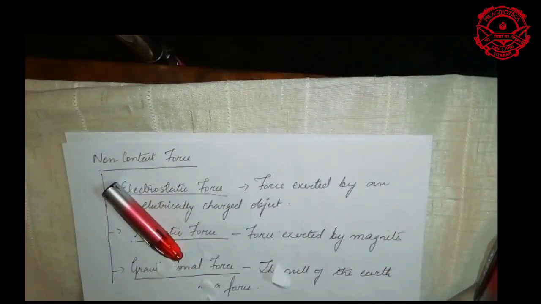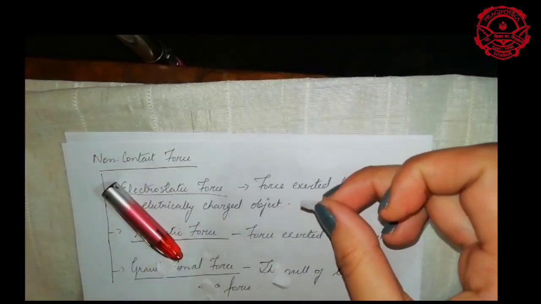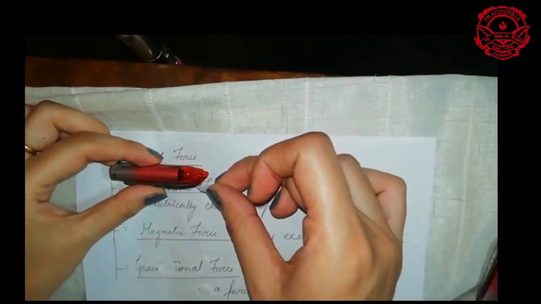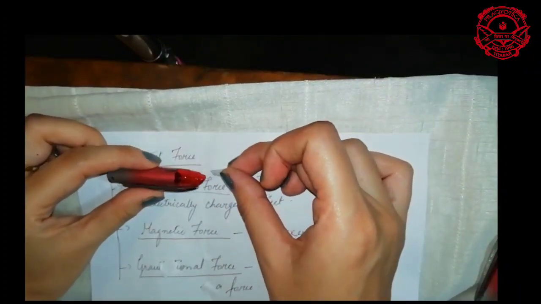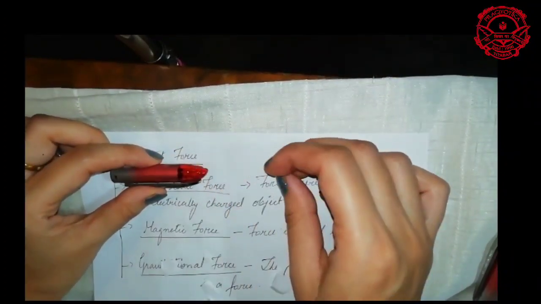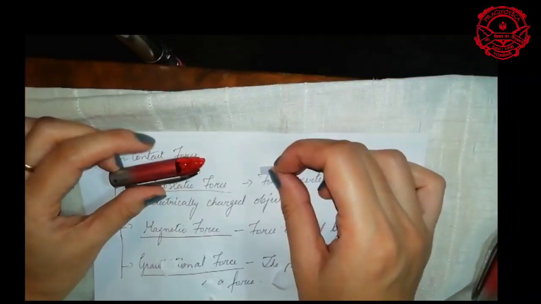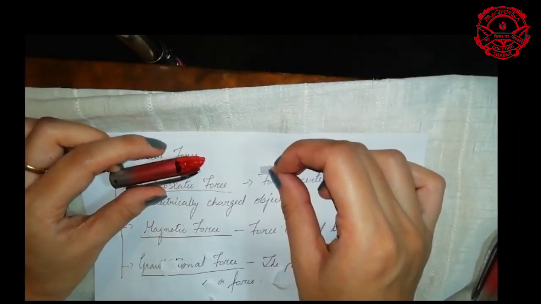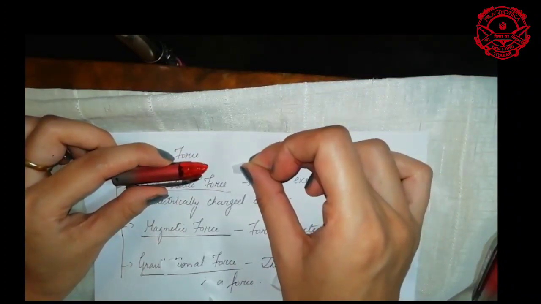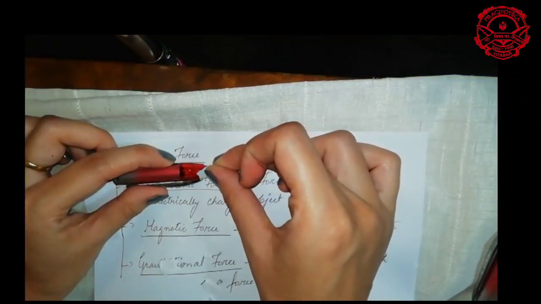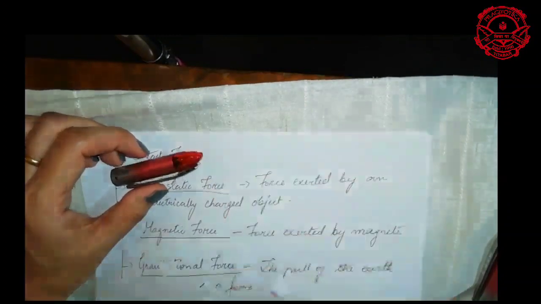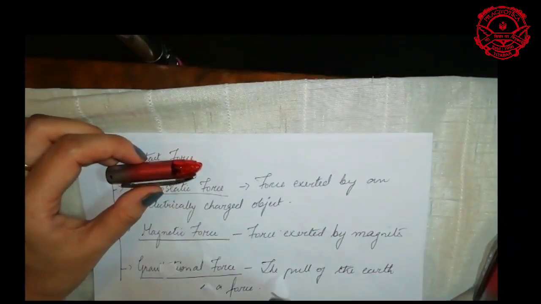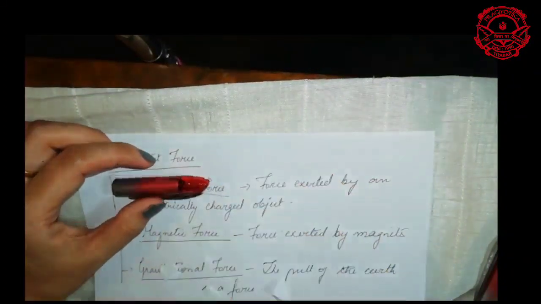What makes the magnet attract this iron? It is because there is some force in between. This magnet has exerted some force which allows the iron pin to get attracted towards itself. That is known as your magnetic force. The force that is exerted by a magnet is called your magnetic force.